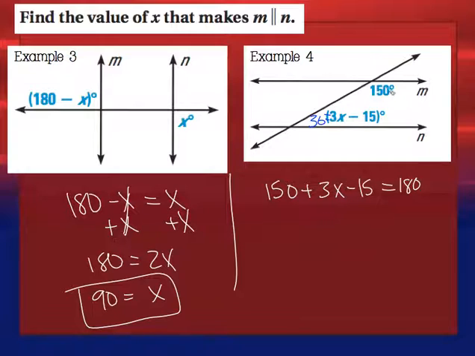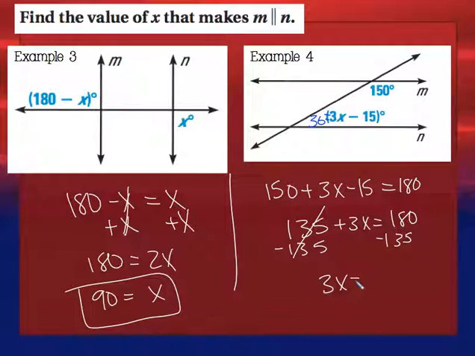It just won't always work out because you might not always have a whole number. So 150 and a negative 15 make 135. Subtract the 135. You get 3x equals 45. So x equals 15.